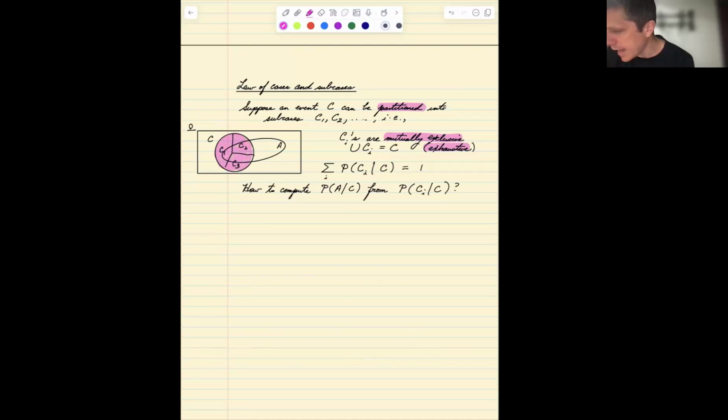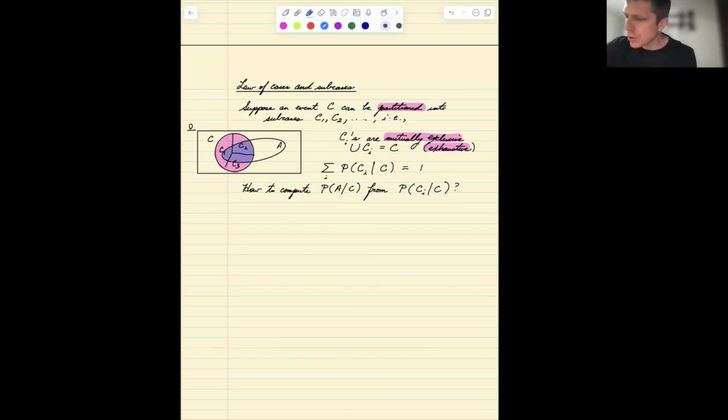So the probability of A given C boils down to this: the realm of possibilities is restricted to here.